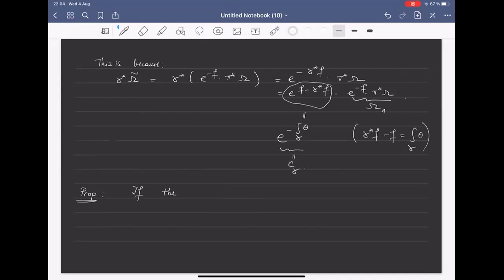So if the universal cover admits a Kähler metric omega such that gamma star of omega is a positive number times omega, then M admits an LCK metric.